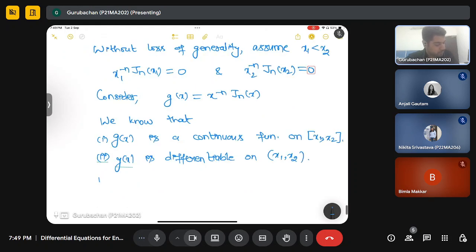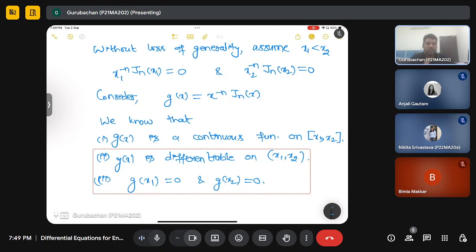Next, the third one is g at x1 is 0 and g at x2 is 0. Now clearly all the conditions of Rolle's theorem have been satisfied.